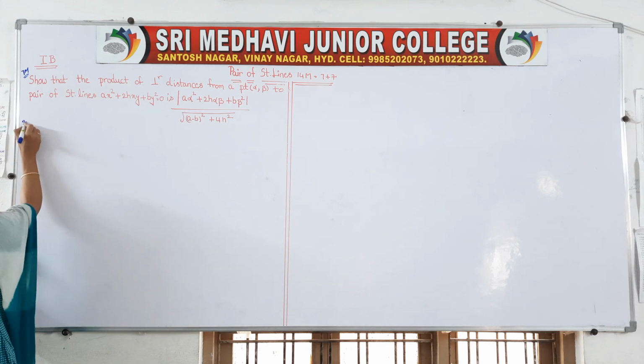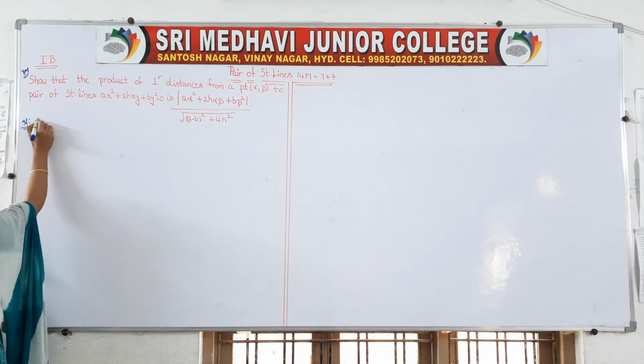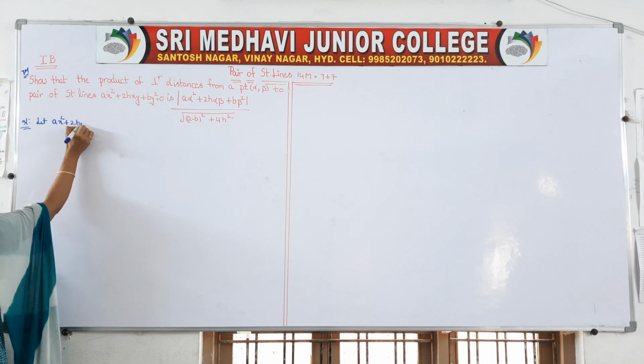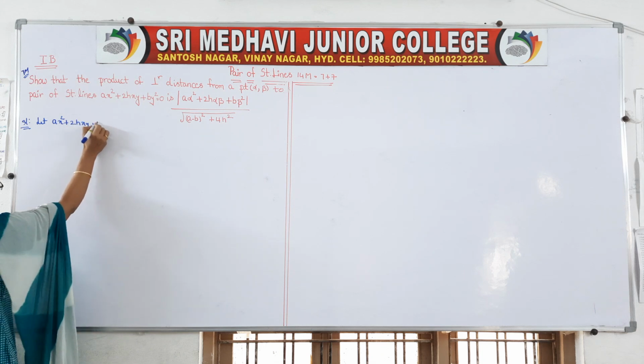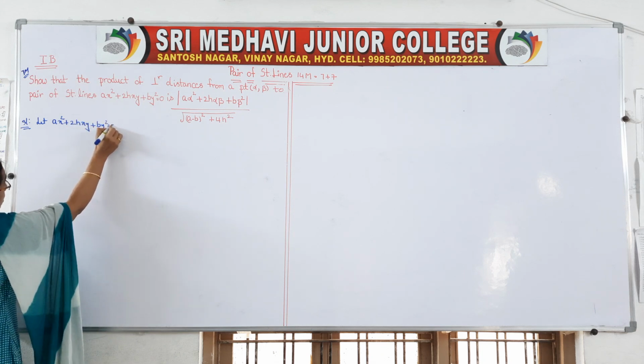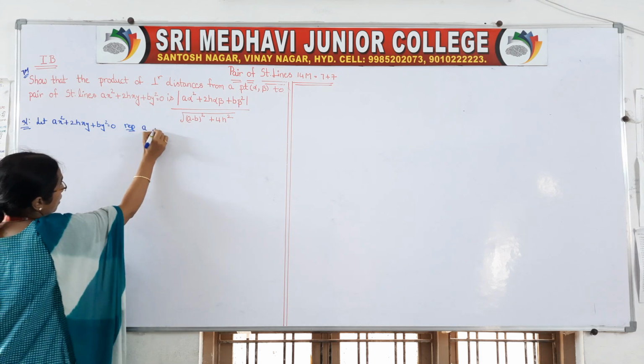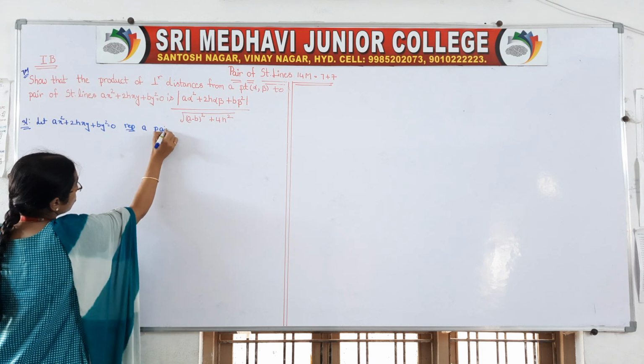Okay, come on, we will solve the problem. So let ax square plus 2hxy plus by square is equal to 0 represent a pair of straight lines.